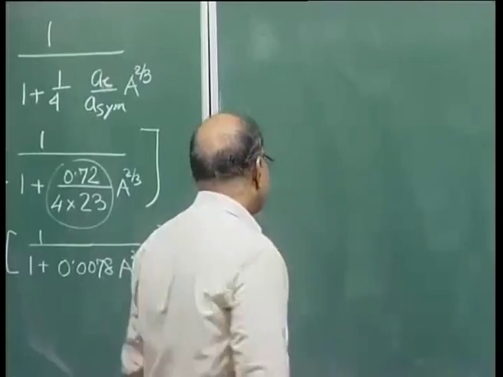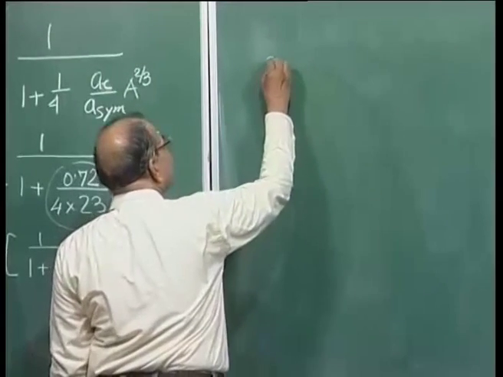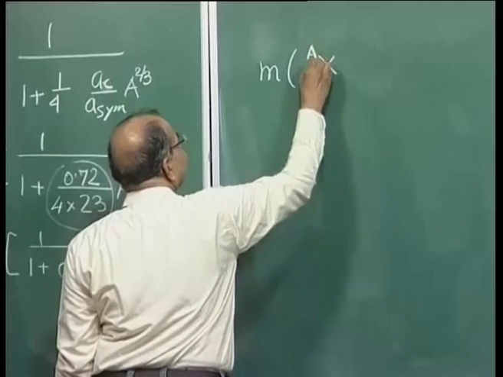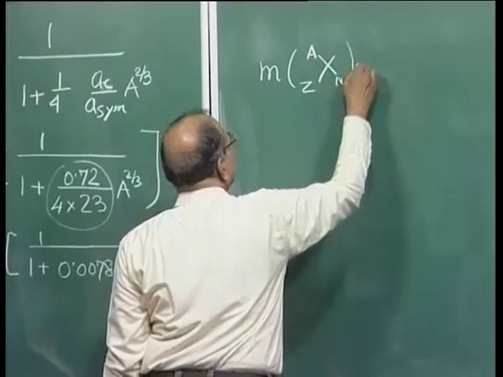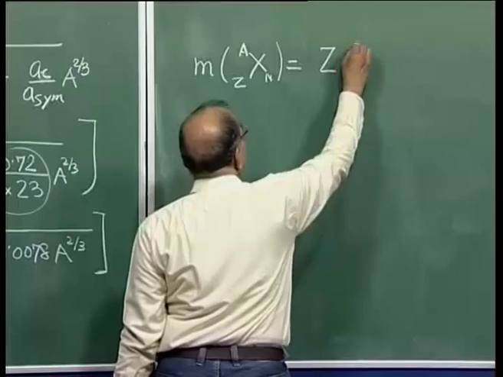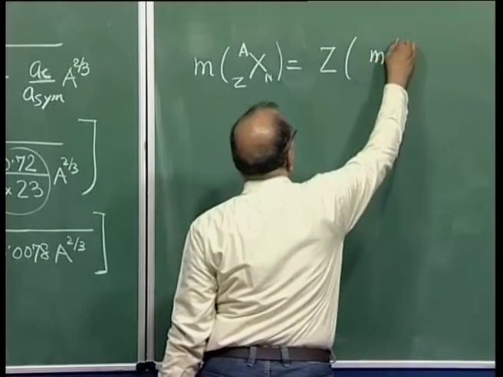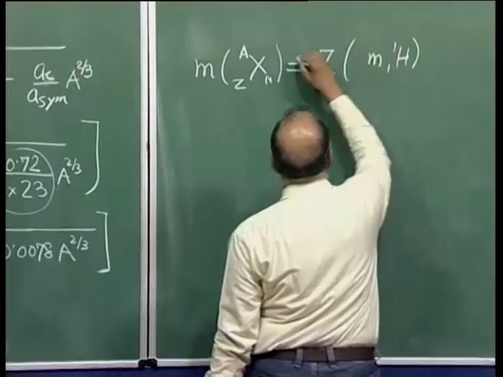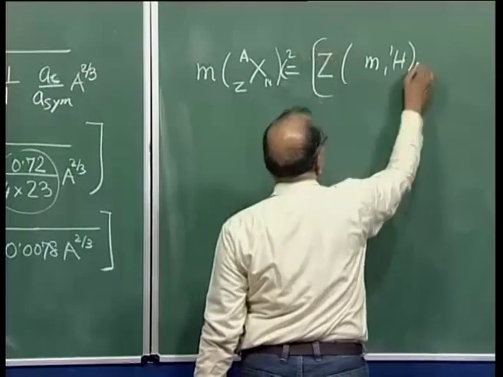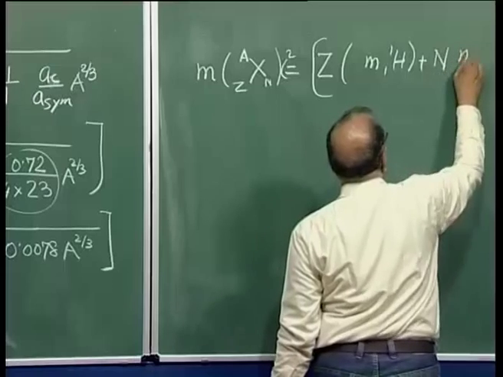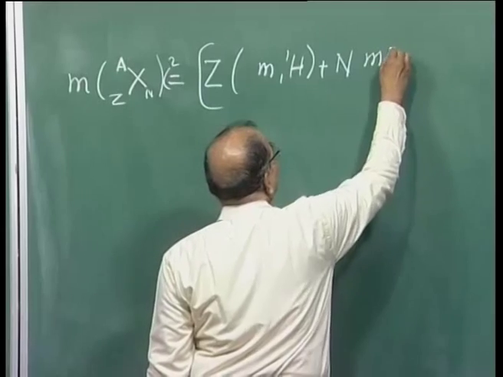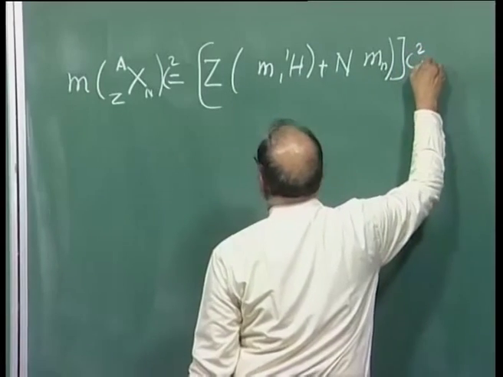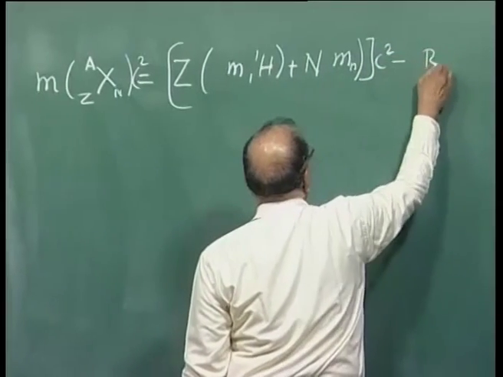Let me write. Say when you write mass of this X(A, Z, N), this will be Z times mass of 1H1 and then, let me put c square also, plus N times mass of n, this whole thing times c square, and minus the binding energy, right.